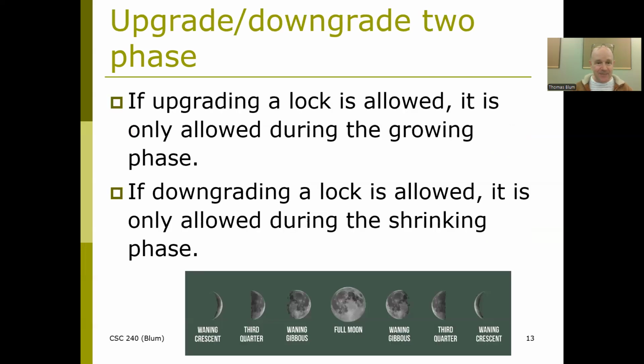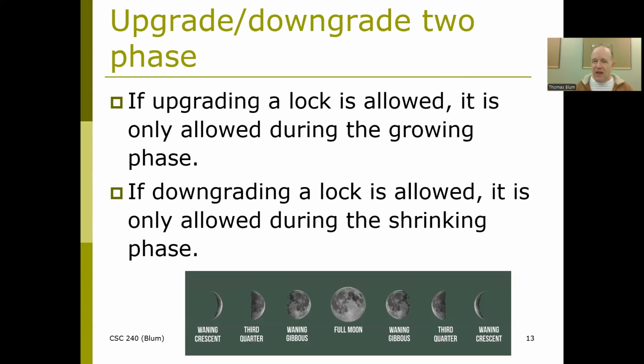in a consistent state. If you have a system that allows that sort of upgrading or downgrading, remember upgrading was I had requested the shared lock and then changed my mind and wanted to move up to exclusive, or downgrading, I have the exclusive and I'm going to go down to the shared lock.